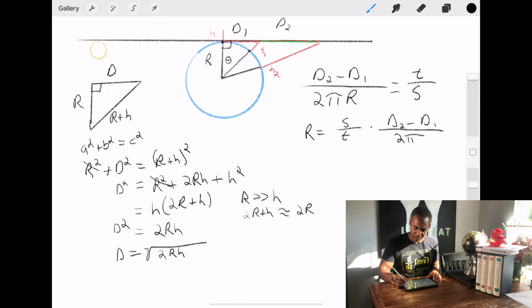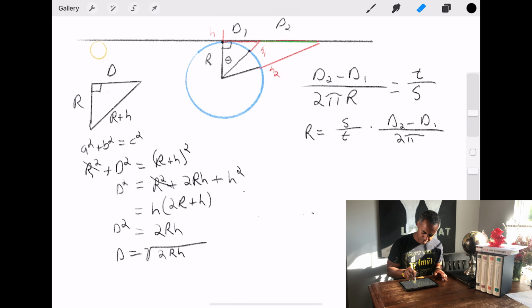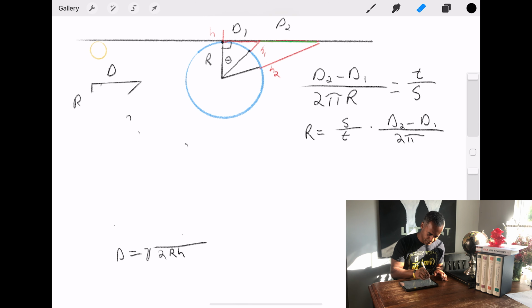So now we know for D2 and D1, we can convert the D into this value, the square root of 2rh. This is a very good approximation of the distance to the horizon, as long as h is much, much smaller than our radius. And in this case, it definitely is. Let's just clean this up a little bit.